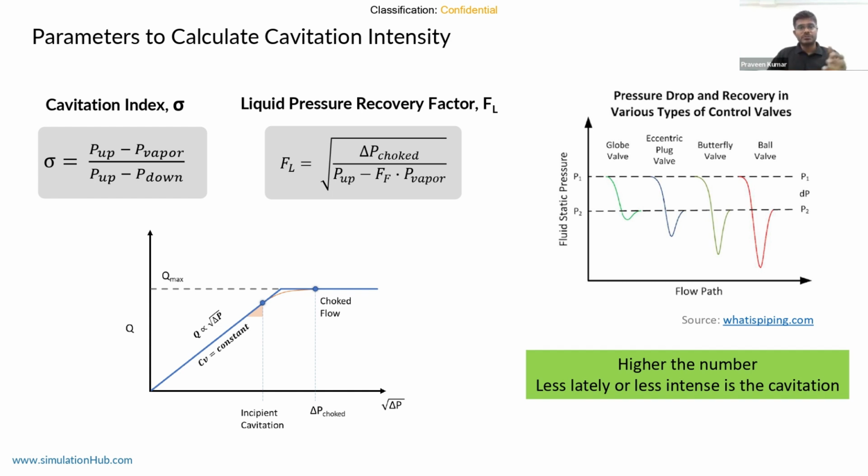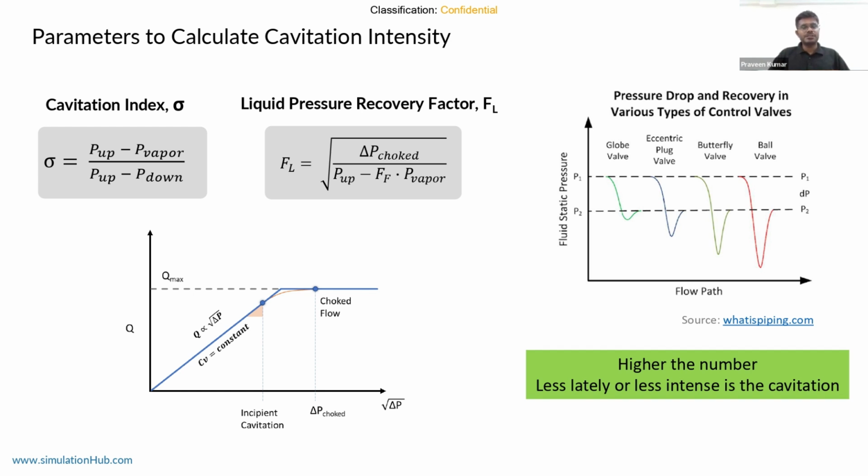Similarly, FL. To explain FL, I'll have to explain this graph. Let's say you plot flow rate versus square root of pressure drop. As you increase the pressure drop, your flow rate should keep on increasing, right? That's the ideal expectation. When the pressure drop increases, the flow rate increases and Cv remains constant. So that's the ideal curve, and the line should extend like this.